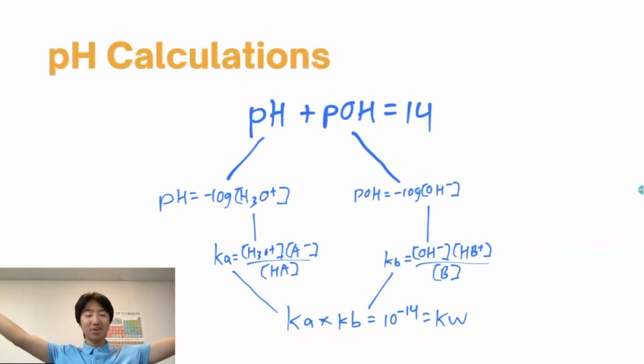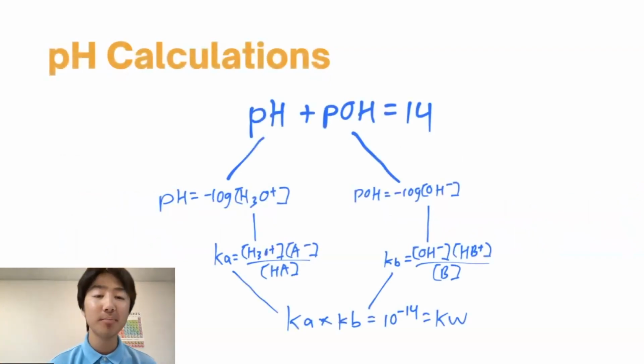The pH calculations: how do you get pH and how can you determine whether a compound is acidic or basic? Well, you use this kind of diamond-shaped chart, with pH plus pOH always equals 14. You have to remember that. Branching off from that, pH equals negative log hydronium concentration. pOH equals negative log hydroxide concentration.